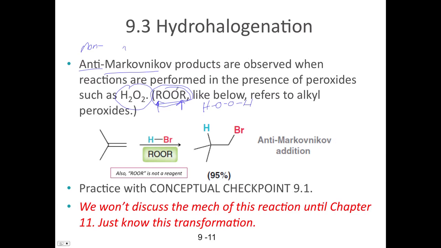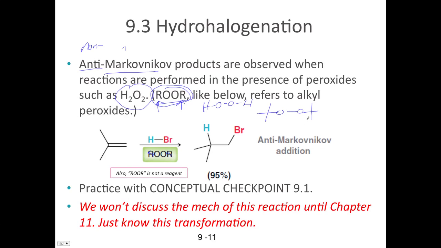But you know that I will not allow you to use ROOR or any R groups really as a product or as a starting material or as a reagent. This is a placeholder for a real thing. So if you want to use alkyl peroxides, you must not use this. You must use something like, I don't care, butyl peroxide. That's fun to draw. It looks like toot, right?